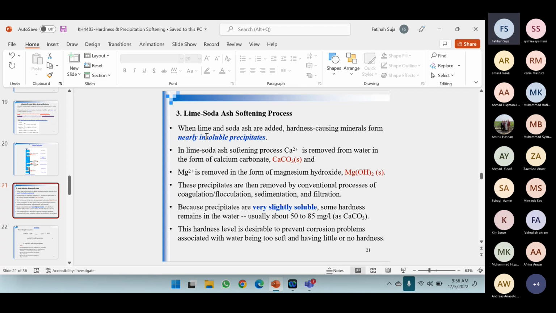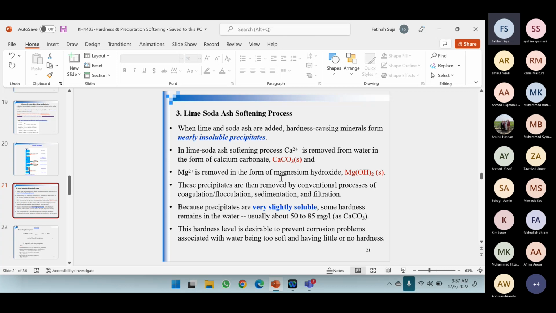because as I mentioned in the earlier part, it's not good to have very, very low hardness in water, because the water will become corrosive. So it's good to maintain a certain amount of hardness in your water, like 60 to 120 milligram per liter as calcium carbonate. Then you will get not very soft water, but you maintain some amount of hardness in water.